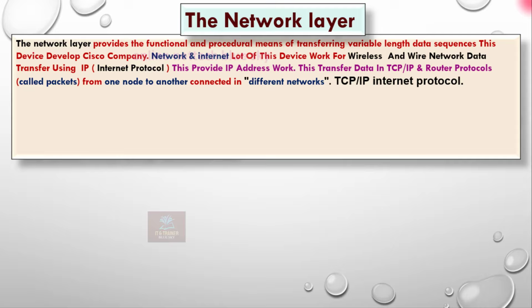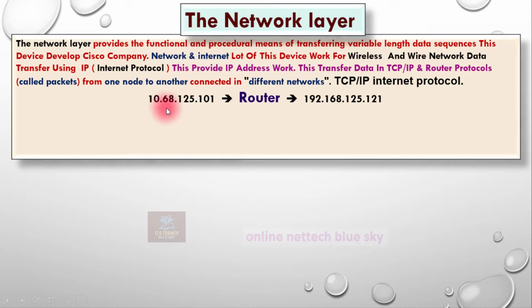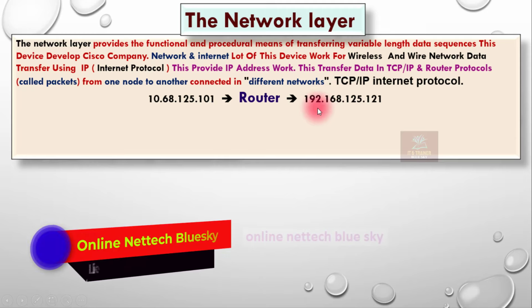This is very important for internet IP addresses, and it only works through the network layer. So I'll give an example, this is one type of router between two different networks. I will show you what an IP address is, but first understand this internet protocol method. 10.68.125.101 is a class A IP address and this is a class C IP address.